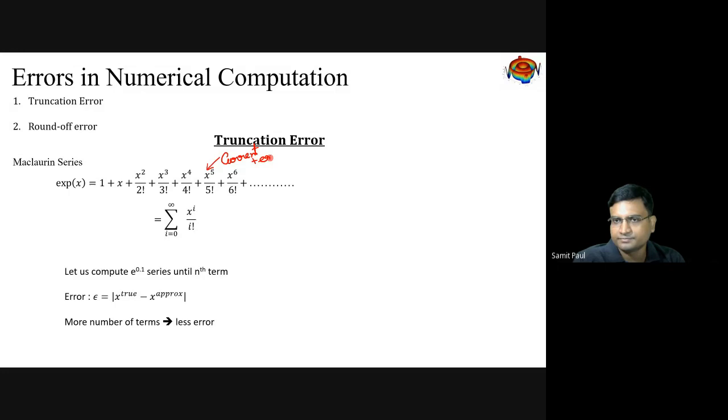Current term is x to the power 5 by factorial 5. Now the next term will be x to the power 5 by 5 factorial. If I multiply it by x by 6, x to the power 6 by 6, then this will be, no, not x to the power 6.